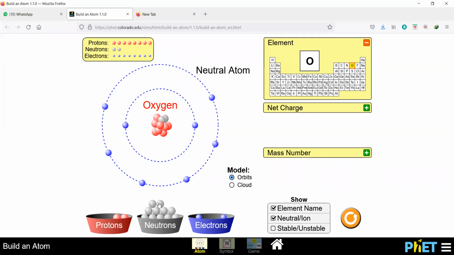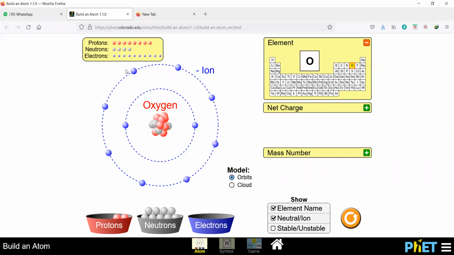This is oxygen. Tell me what will happen to become stable, and is it metal or non-metal? Oxygen is non-metal. It tends to gain 2 electrons, so changing into a negative ion. So what will be the symbol for the oxygen ion?